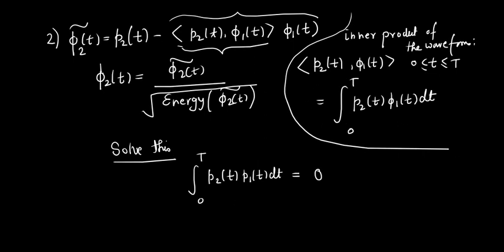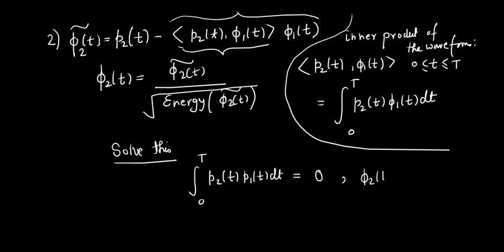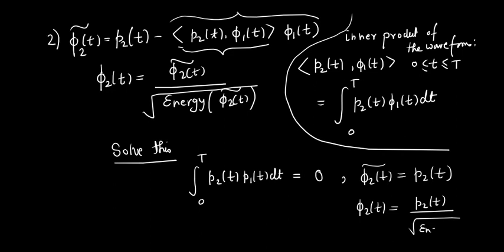So, our phi 2 tilde t is the same as your P2T. So, your orthonormal basis would be a scaled version of P2T, because it must be, you have to just scale it by this.